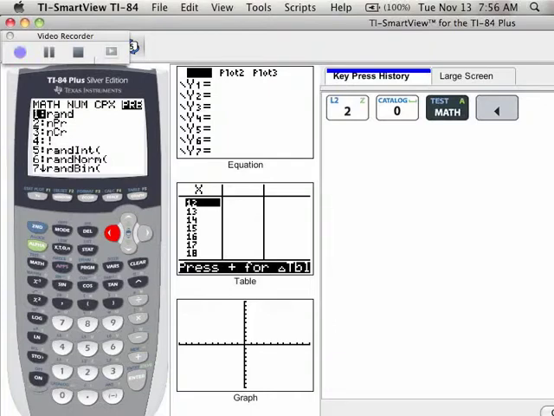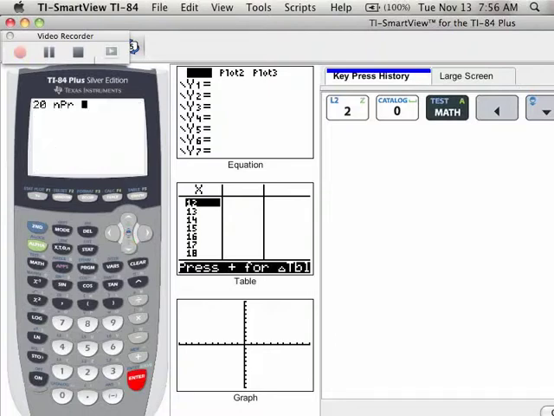You'll see that the second thing there is nPr. So you arrow down to nPr, hit enter, and then a 2. This is saying use the P function for probability, and then hit enter. And you'll see that it's 380.